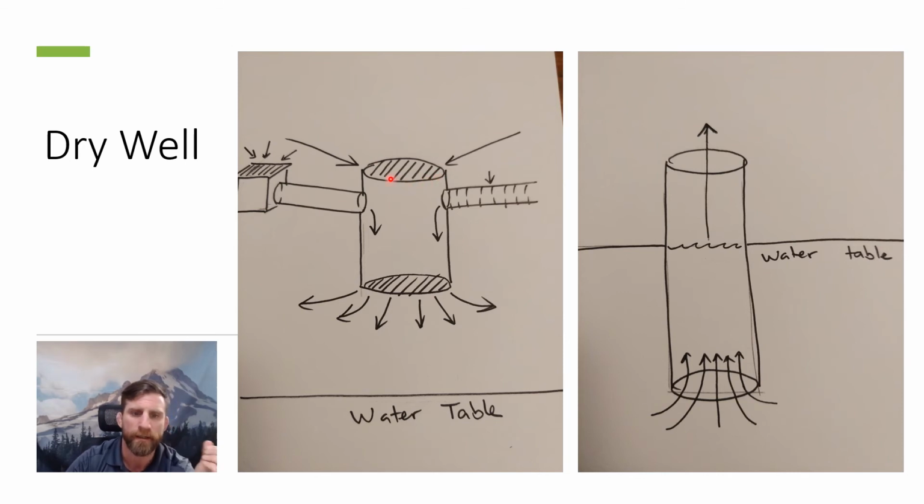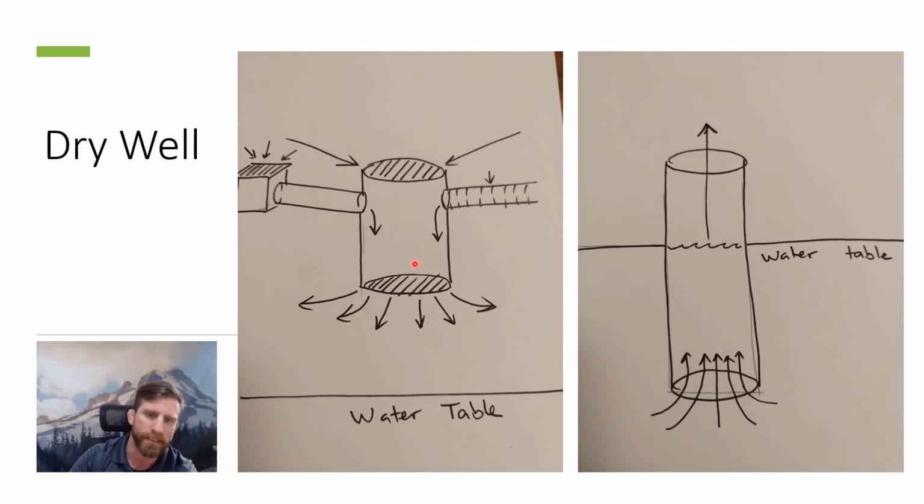But ultimately, these catch basins, and I've also got a drawing of a manhole cover here on the top of it. What's different with your dry well is the intention is to move water to this well and then incorporate water back down into the ground. So ideally your water table is down here underneath the dry well, and the dry well does not have water in it during the dry parts of the year.